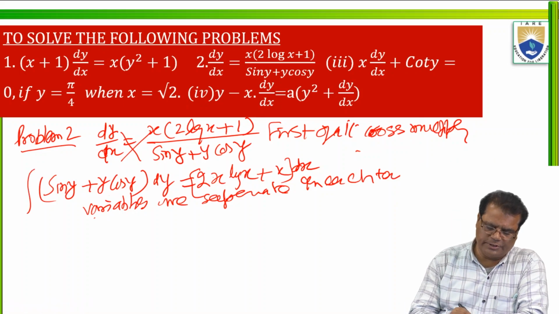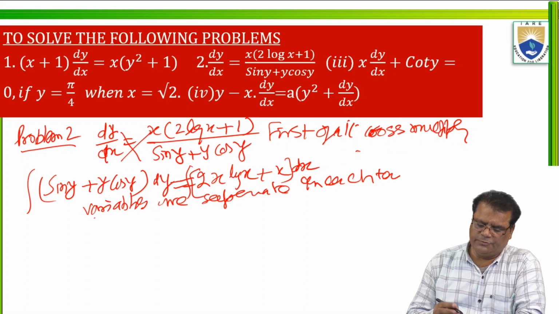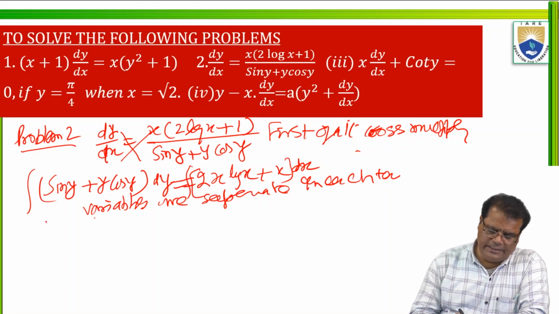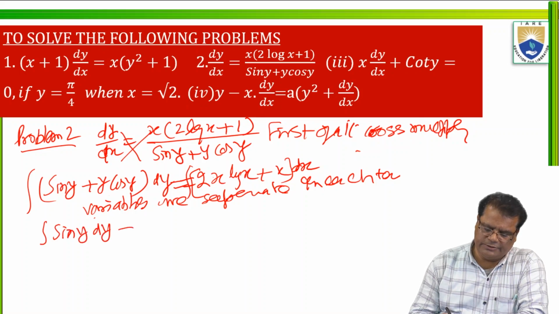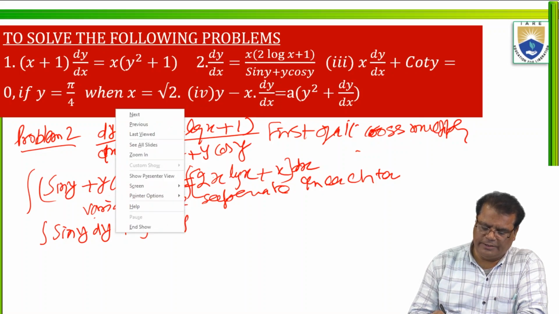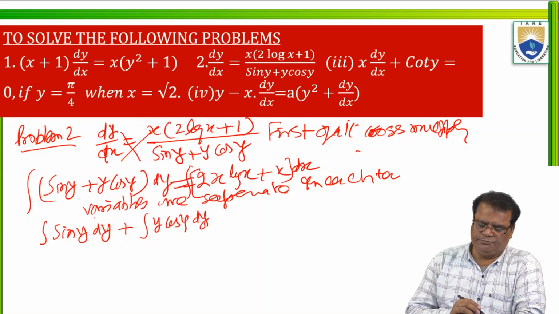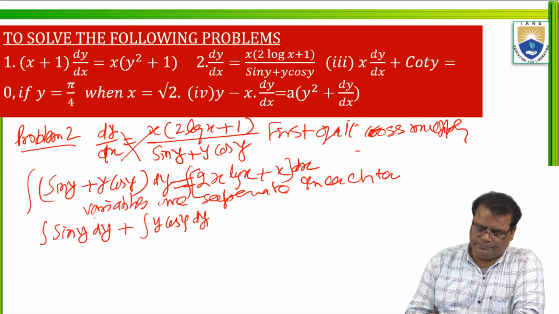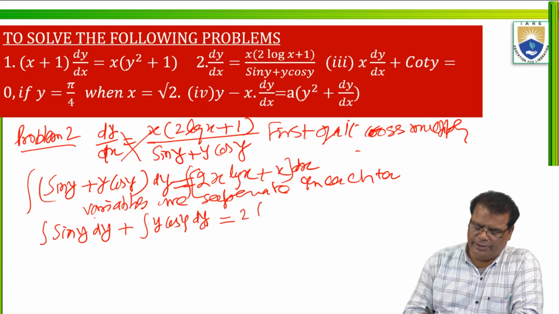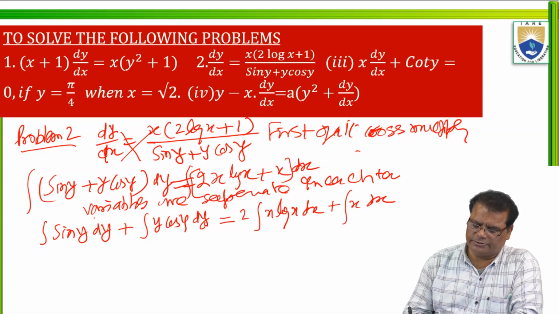Now integrating on both sides: integration of sin y dy plus integration of y cos y dy equals 2 integration of x log x dx plus integration of x dx.